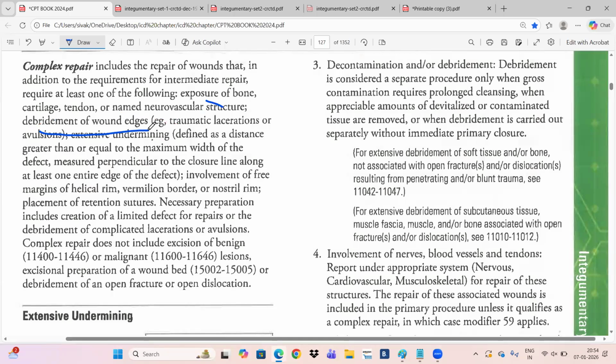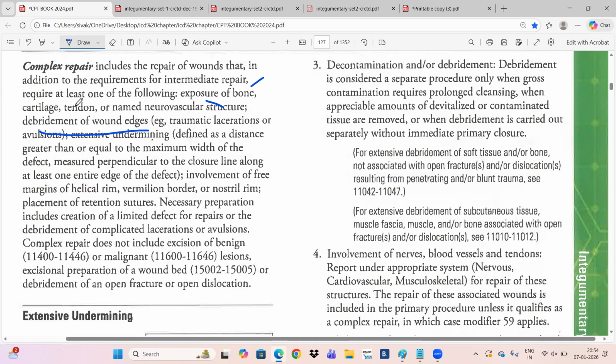It should go with intermediate only. If they went down to bone level depth but did not perform debridement of wound edges, we need to go with only intermediate. So here, up to intermediate the required guidelines are included.